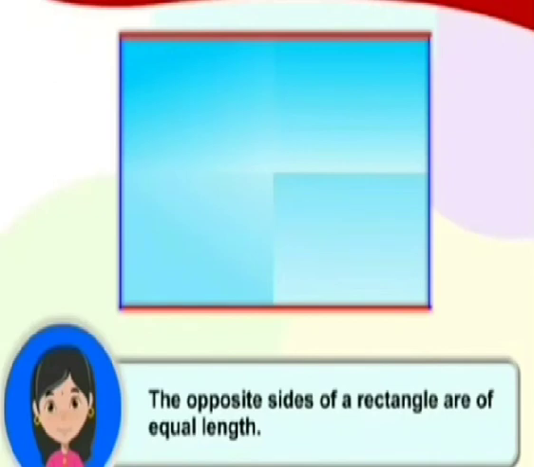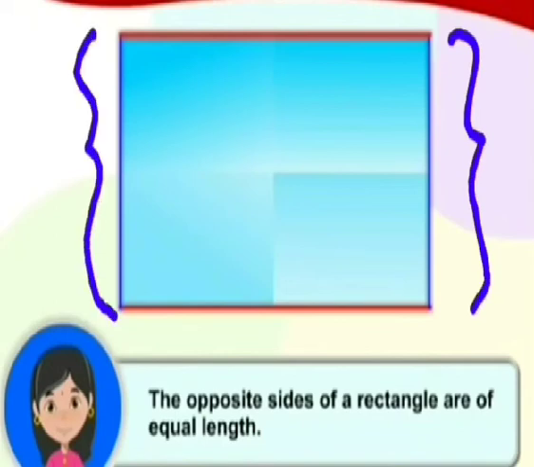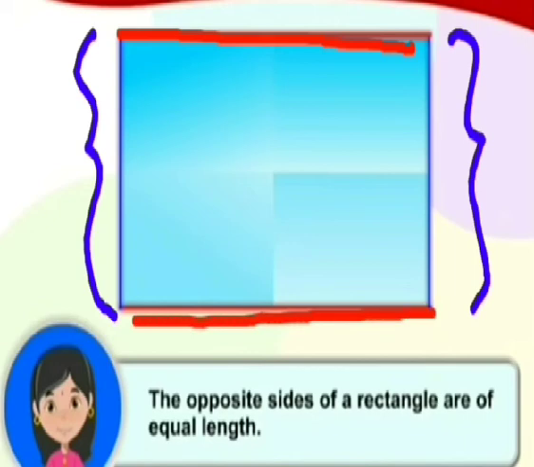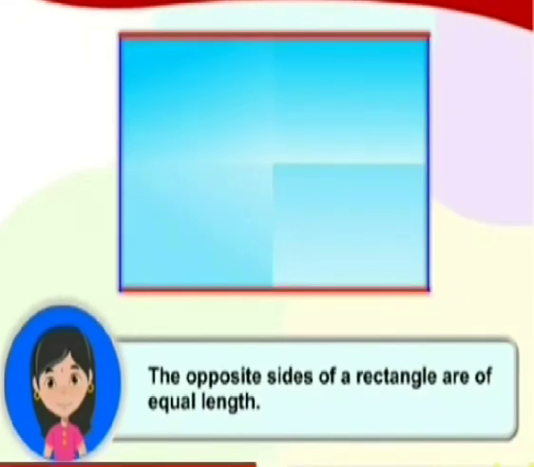Children, a rectangle has 4 sides. 1, 2, 3, 4. The opposite sides of a rectangle are equal. That means this side is equal to this side, as they both are opposite to each other. In the same way, this side is equal to this side because they are also opposite to each other. And it has 4 vertices, children. Means corners.